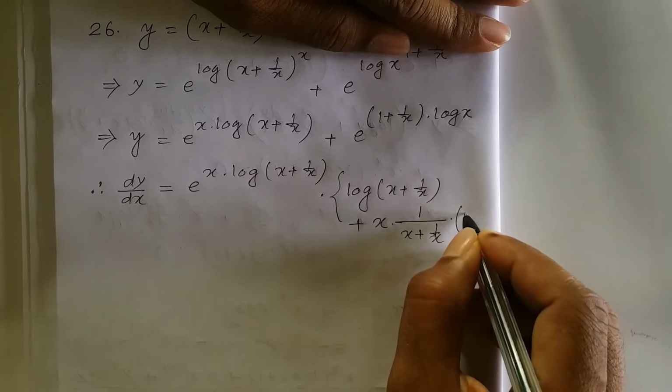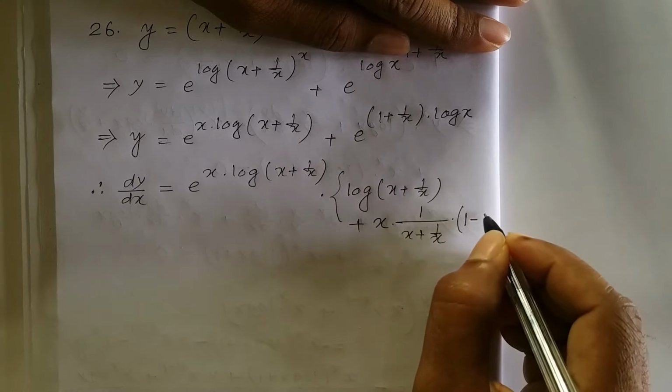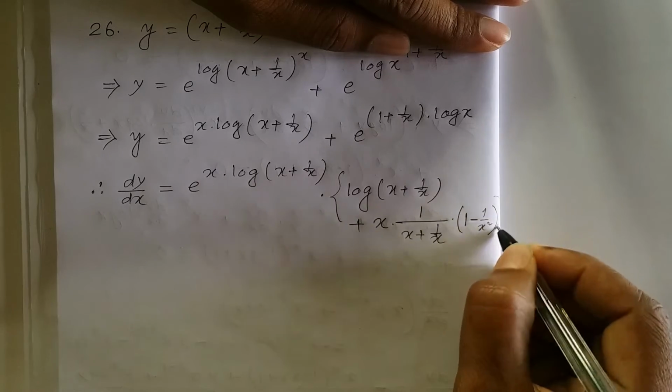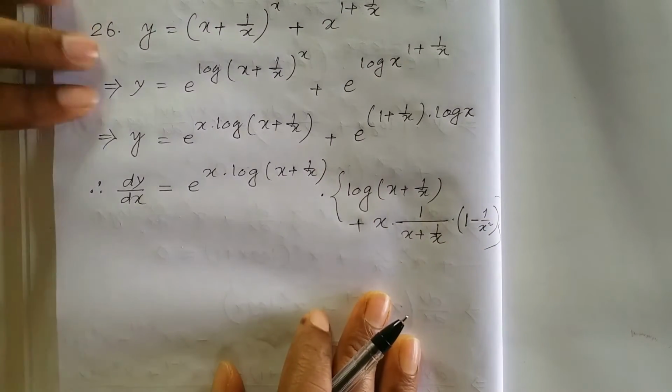So x derivative is 1 and 1 by x derivative is minus 1 by x square. You know that. This is the differentiation of the first function.